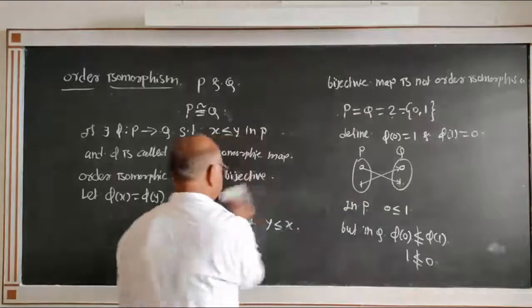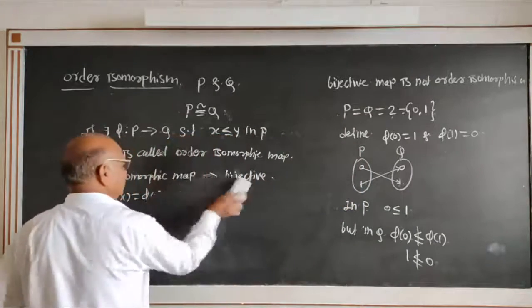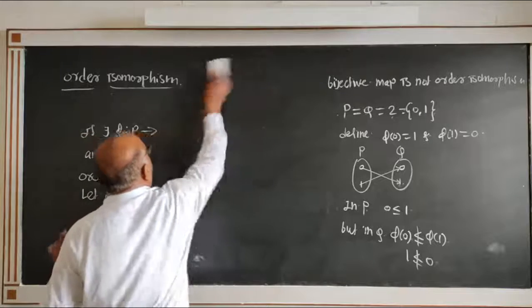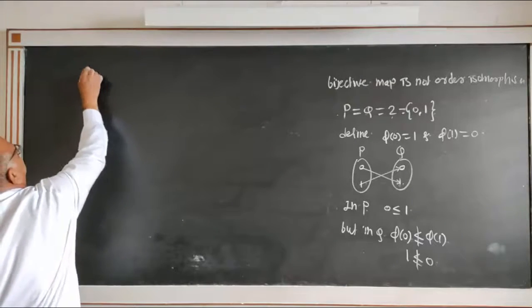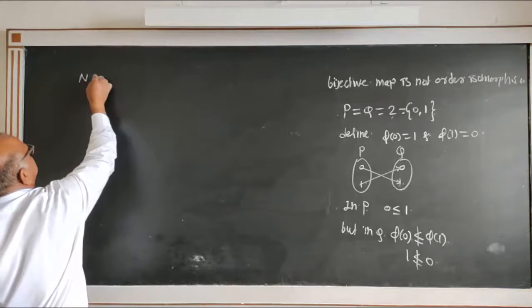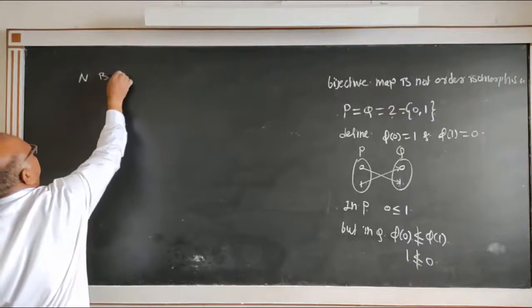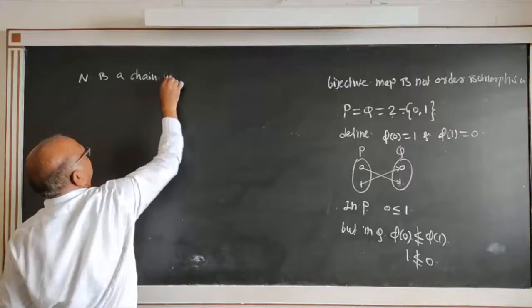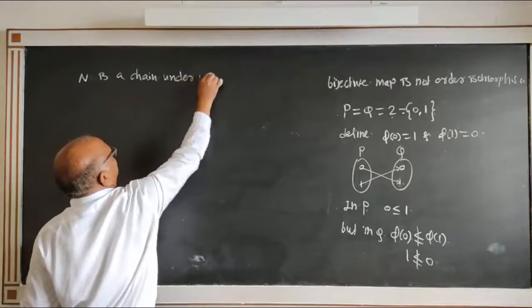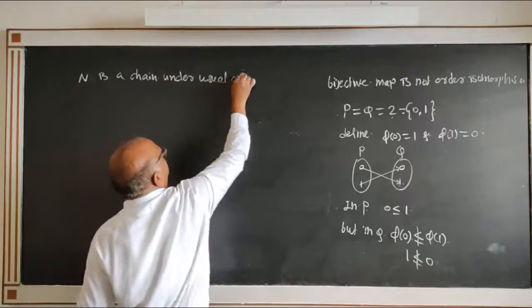Now, N is a chain under the usual order.